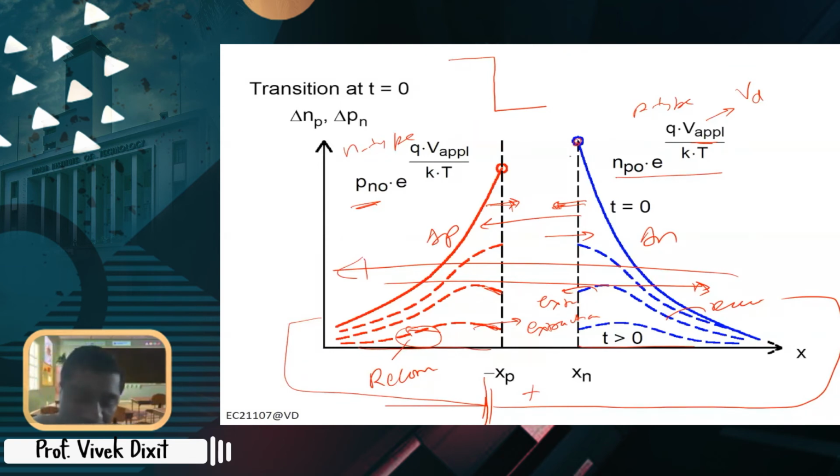The time taken for the concentration to reach their equilibrium minority carrier concentration, that is storage time. So it is not always exponential here. The slope actually changes because these carriers are now extracted instead of injected, so their slope has changed.